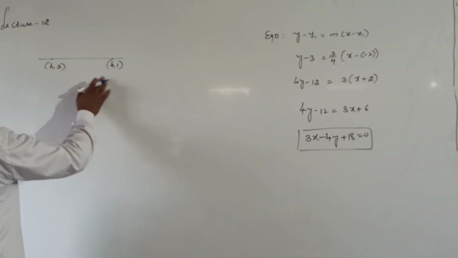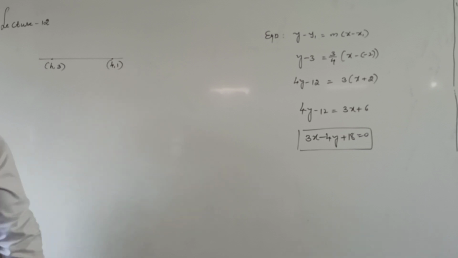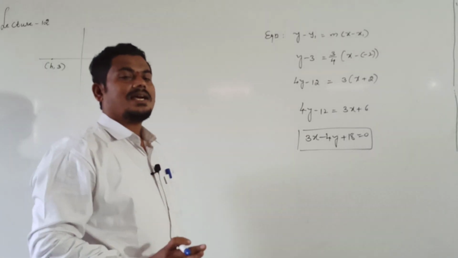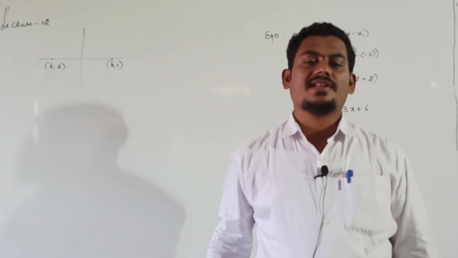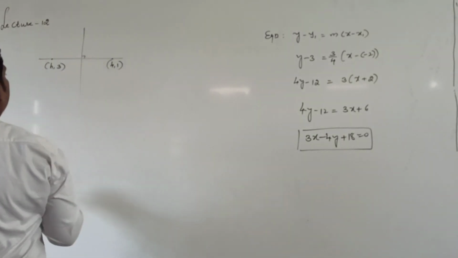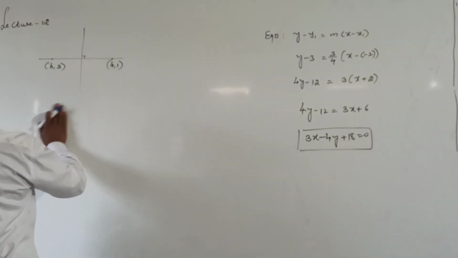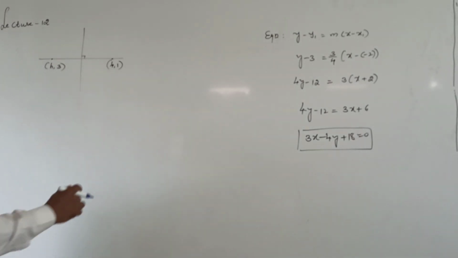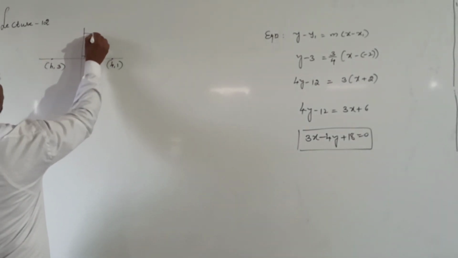This is one of the lines, passing through these 2 points. One more line intersects it at right angle. Intersect at right angle means clearly it is perpendicular, and its equation they have given.